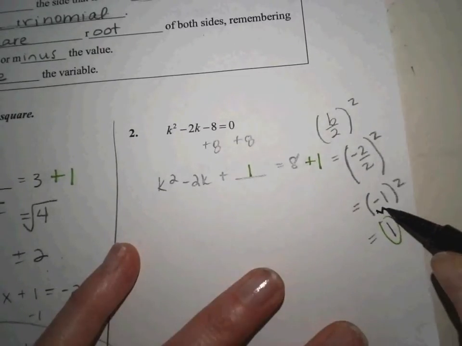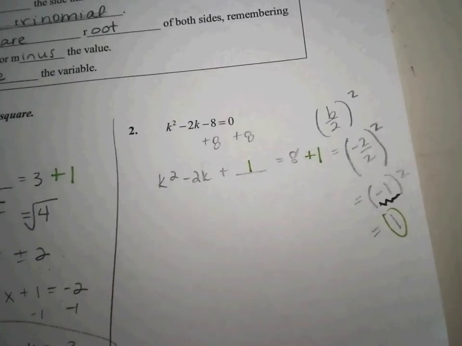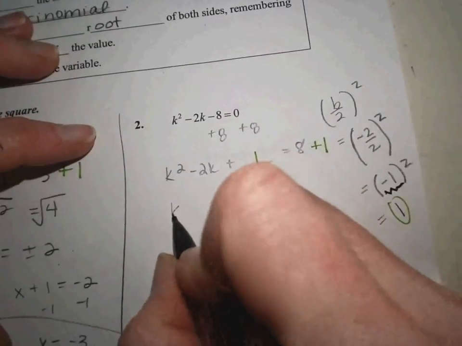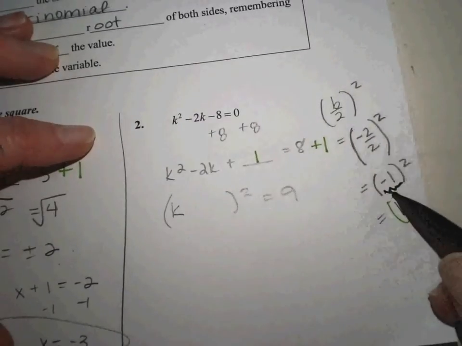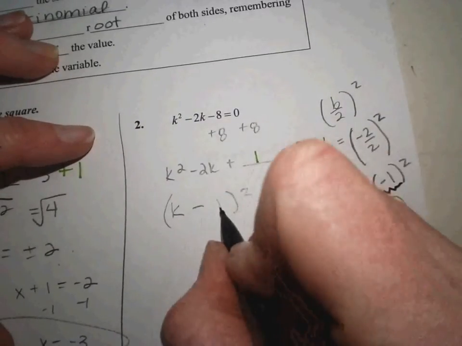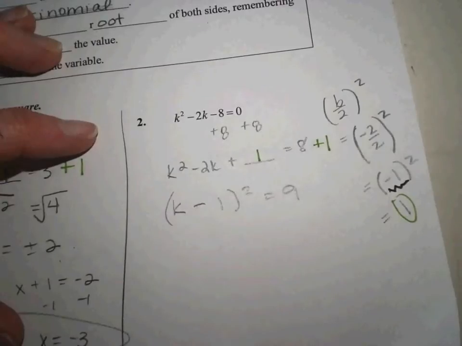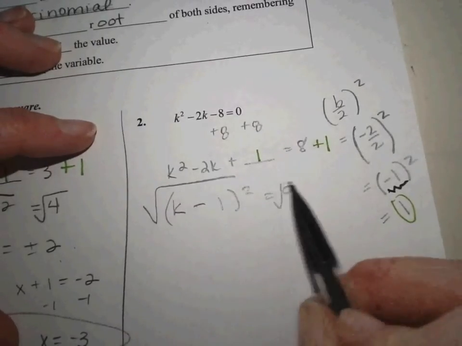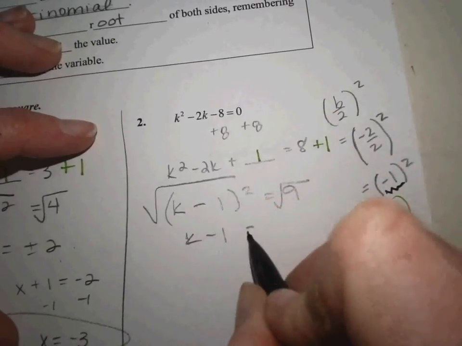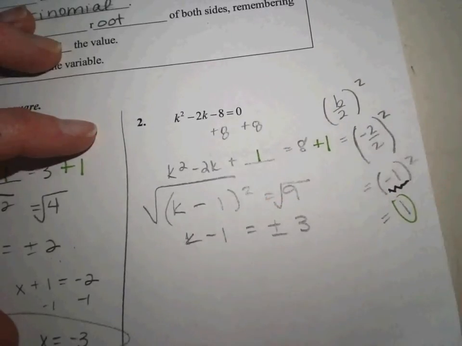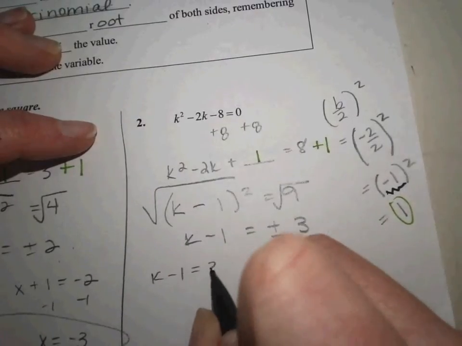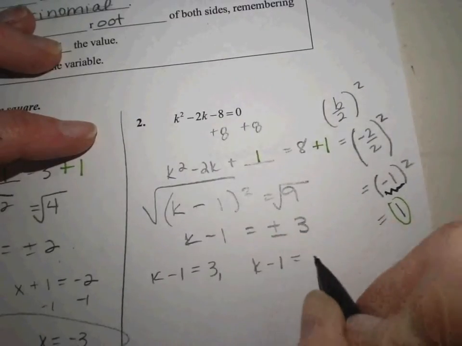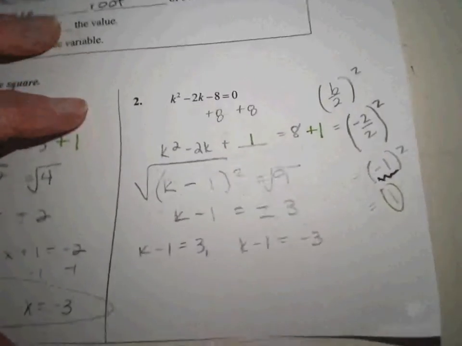Now we rewrite in factored form, and again, it goes back to the b divided by 2 term, and that's how we'll know what goes in the parentheses. Because it's a negative, it's going to be minus 1. Now we can square root both sides. K minus 1 equals plus or minus 3. So k minus 1 equals 3, k minus 1 equals negative 3.